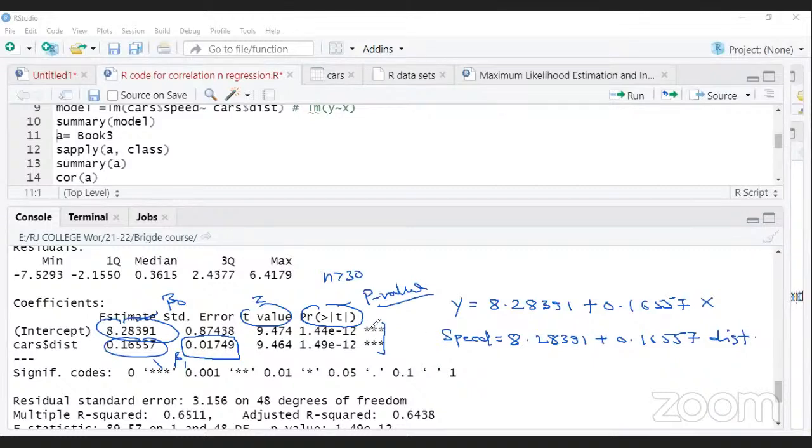These stars mean the test was done at this level of significance. If it is 1, there is no mark. If it is 0.1, there is a dot. If it is 0.05, 1 star. If it is 0.01, 2 stars. If it is 0.001, there are 3 stars.